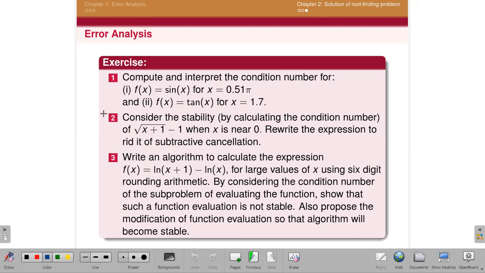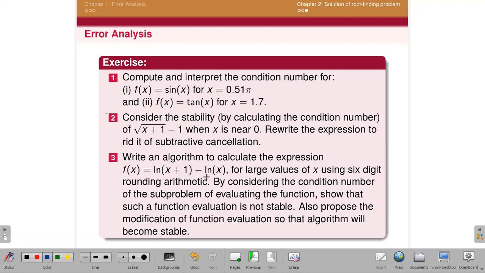So I have given you 2 questions for the stability. So this is the same thing we have done in the question. And this is another question in which we have taken log of x plus 1 minus log of x. You have to write its algorithm and find the condition number, and you have to show it will become unstable. Then you have to suggest the modification also.